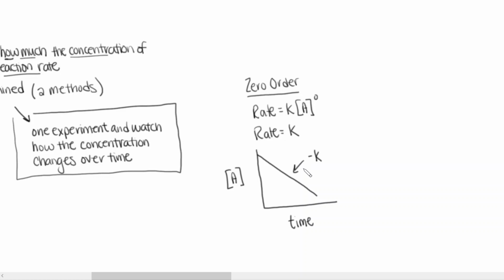Now if I were to graph this for a first order or a second order reaction, I would not get a straight line. I'll just put it over here. If I were to graph concentration versus time for most reactions, we get a curve, right?